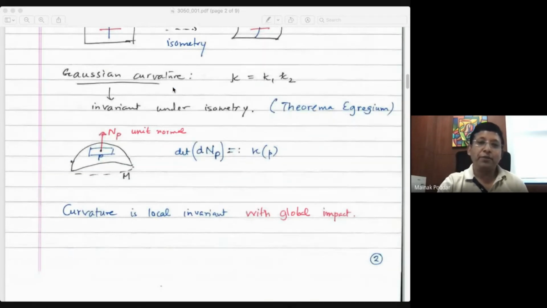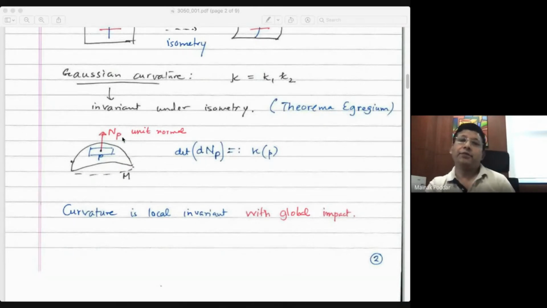And another way to look at this, which we'll try to generalize later, is that you have your surface, and at each point you have the normal. You fix an orientation on the surface, and then you can pick a positive normal direction consistently.